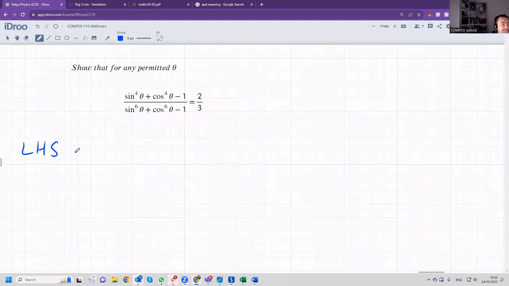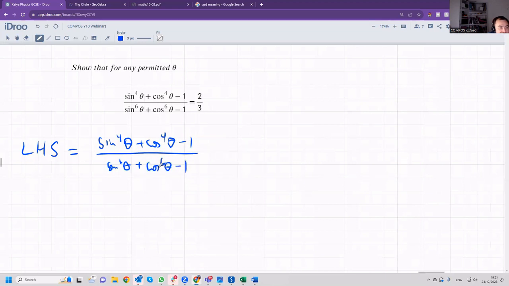We want to work with the left-hand side, which is sine to the power 4 theta plus cos to the power 4 theta minus 1, over sine to the power 6 theta plus cos to the power 6 theta minus 1. It sure does look scary.